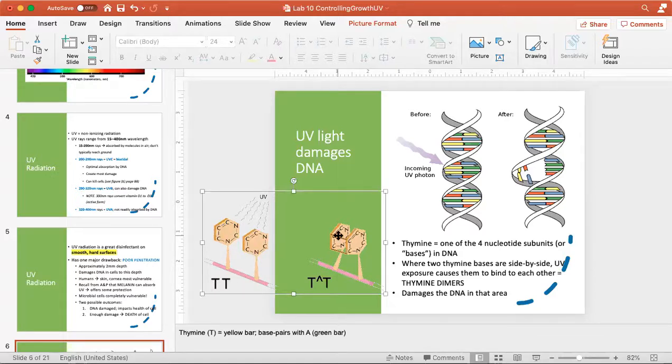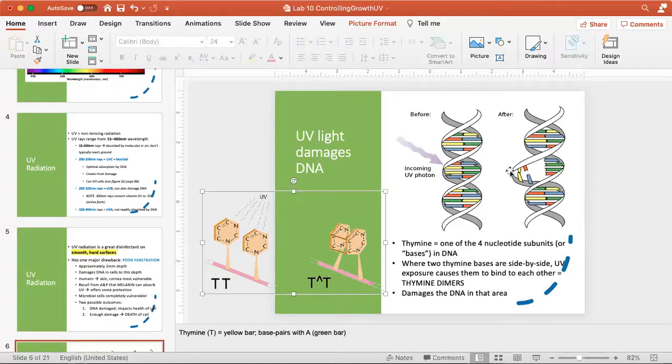When ultraviolet hits those thymines, it's going to cause them to bind to each other. So they're no longer hydrogen bonding with their base pair. And of course, for thymine, their base pair would be adenine on the other strand. Instead of binding to 2 adenines, they're going to essentially turn and bind to each other.